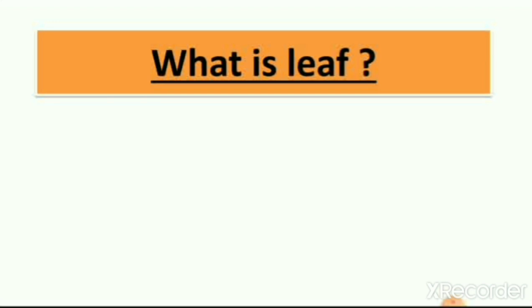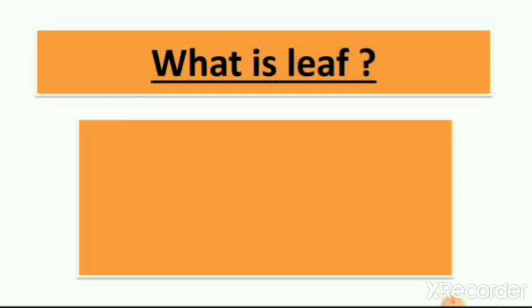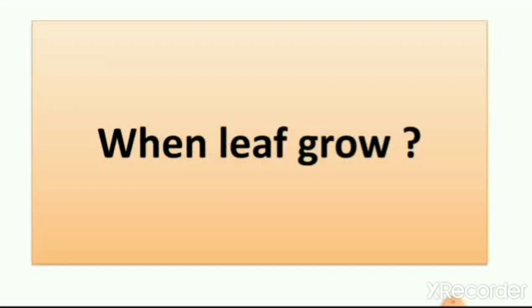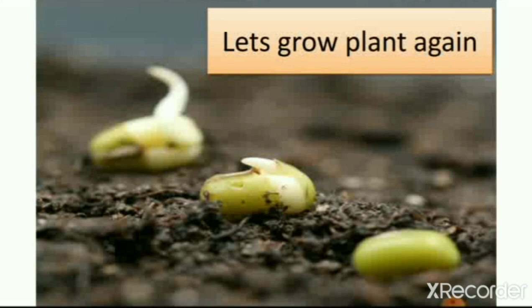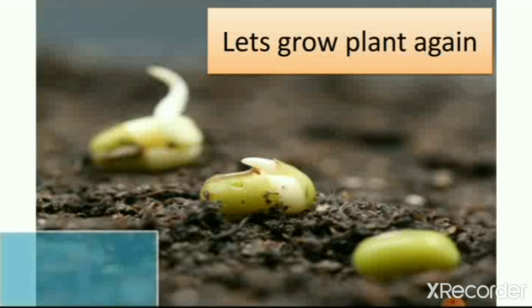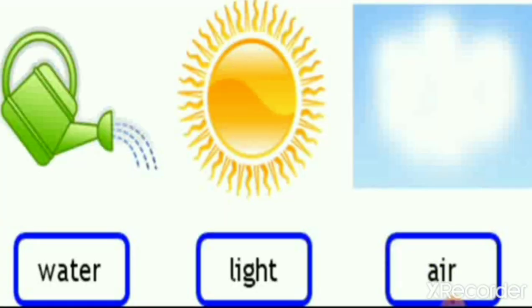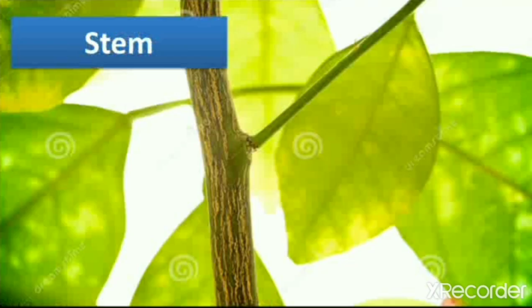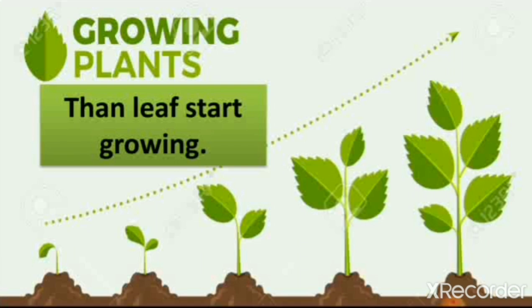We learned what a leaf is, the green part of the plant which makes food and is also available in different colors. When a leaf grows, we grow a plant from a seed. We give the seed water, sunlight and air. Then roots start growing. You can see here the underground part of the plant. Stems start growing. Then the growth of the plant shows us how leaves start growing.